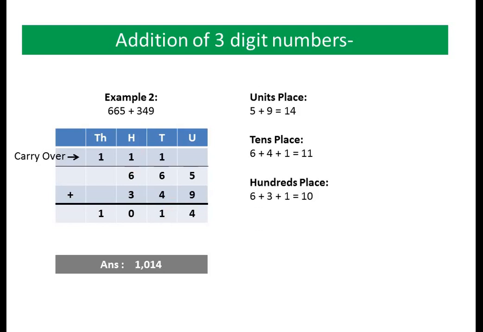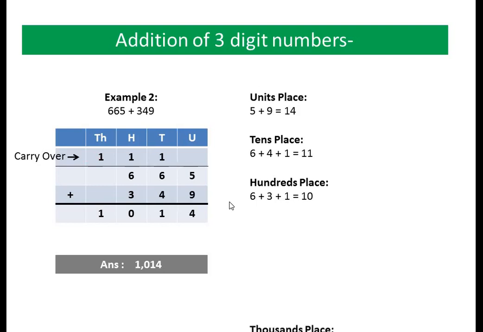Next, the addition of hundreds place. 6 plus 3 is equal to 9 and add 1 which was carried over from tens place. So 6 plus 3 plus 1 is equal to 10. We write 0 in hundreds place and carry 1 to thousands place.